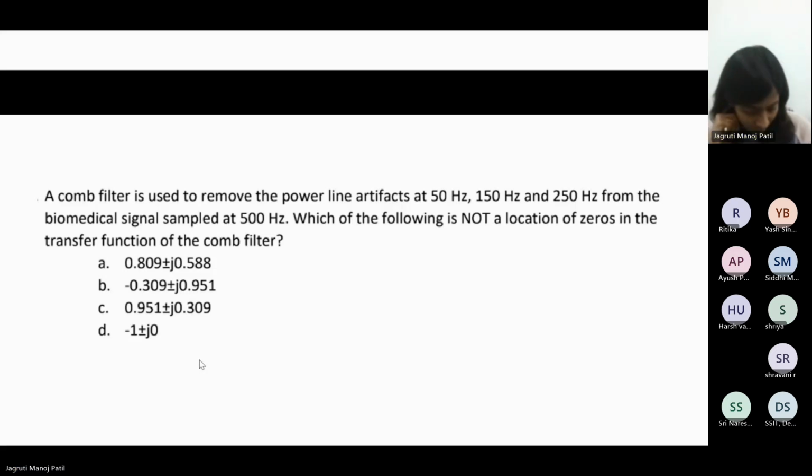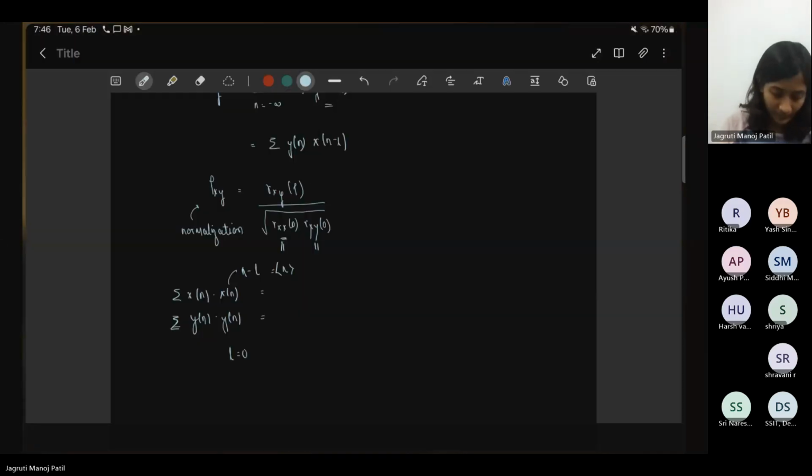Did others understand? If you want, I can show you here. The zero of a comb filter is given as e raised to plus minus j theta n.